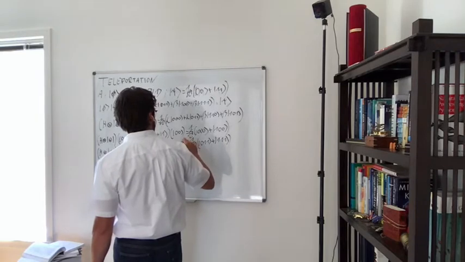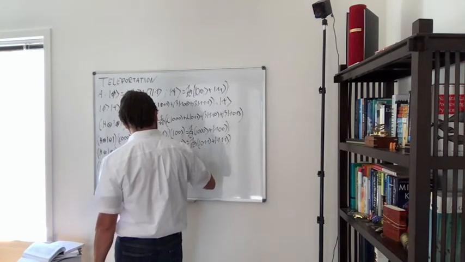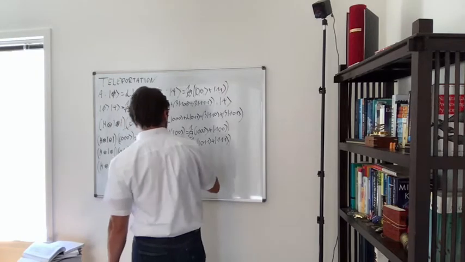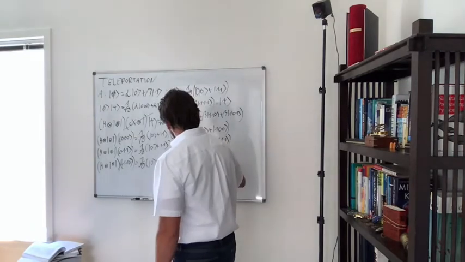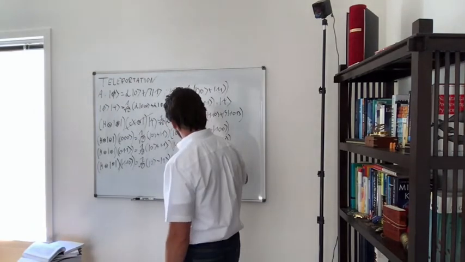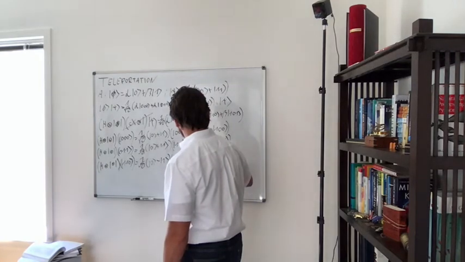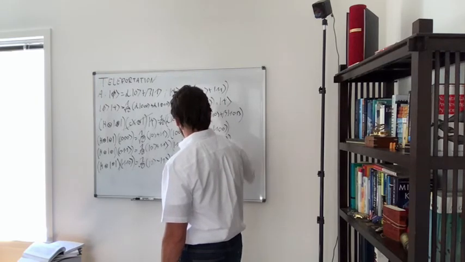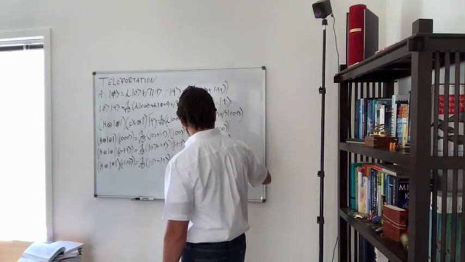And that we apply to 1, 0. And we have 0, 1, 0 minus 1, 1, 0.